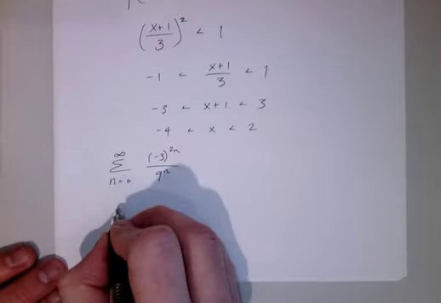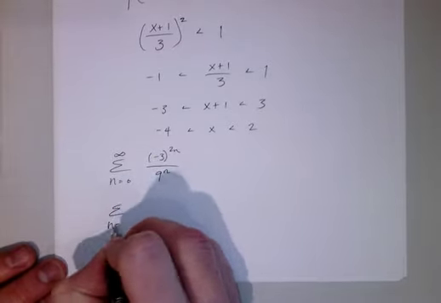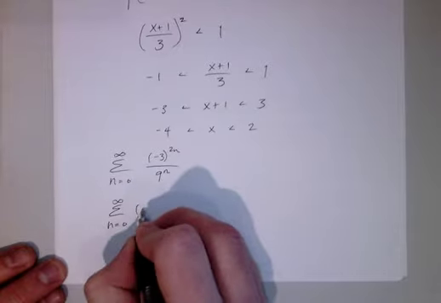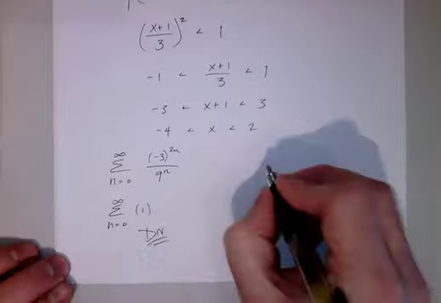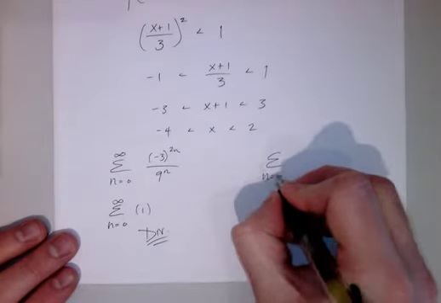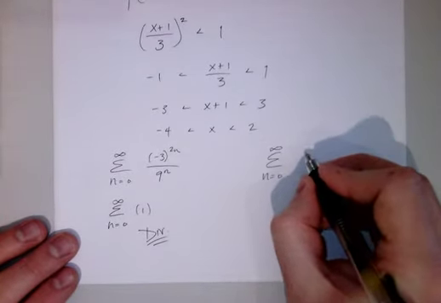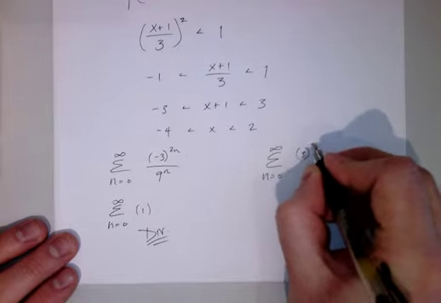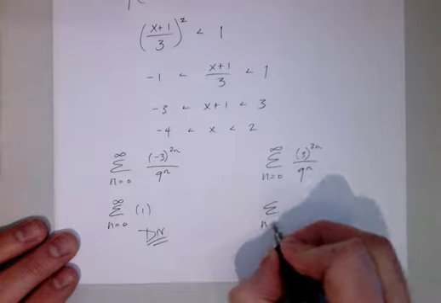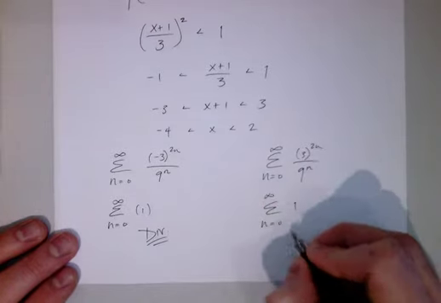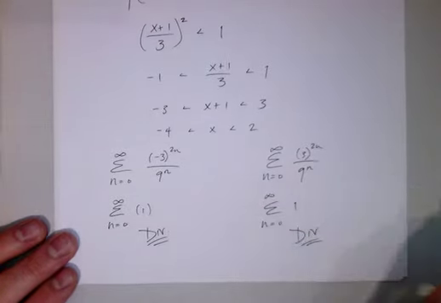And therefore, this just winds up being the sum of 1. Well, that's certainly divergent, okay? Let's go ahead and plug in 2, and you get 3 to the 2n over 9 to the n. That winds up being exactly the same thing, 1, and therefore you have also divergent.